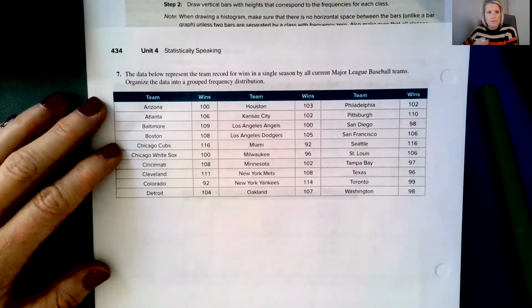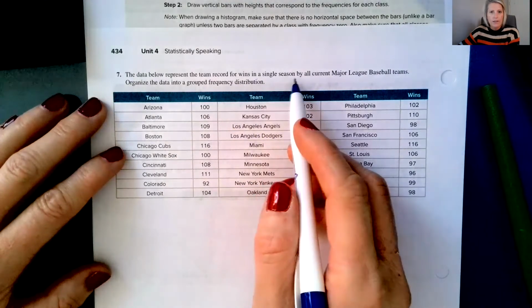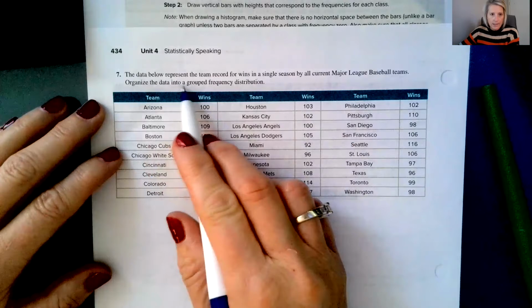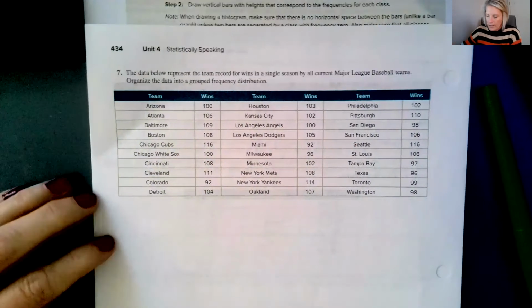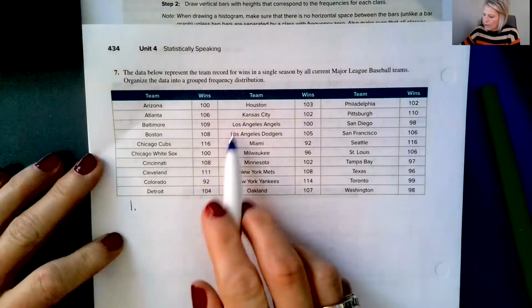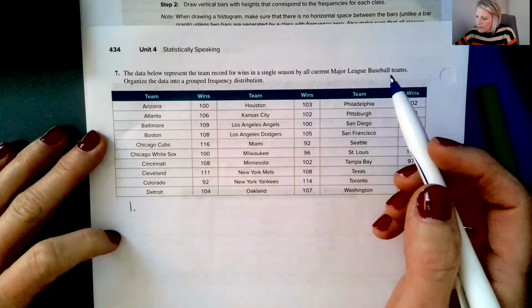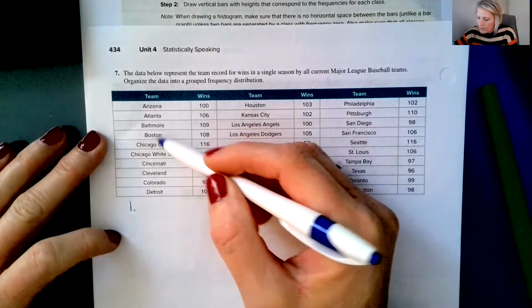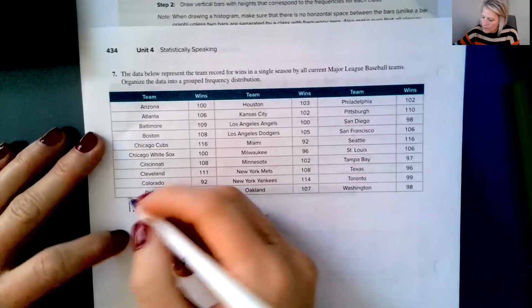Okay, number 7 says, the data below represent the team record for wins in a single season by all current Major League Baseball teams. Organize the data into a group frequency distribution. So we have to decide on how many classes we have. We have 1, 2, 3, 4, 5, 6, 7, 8, 9, 10. 10 times 3, so there's 30 teams.